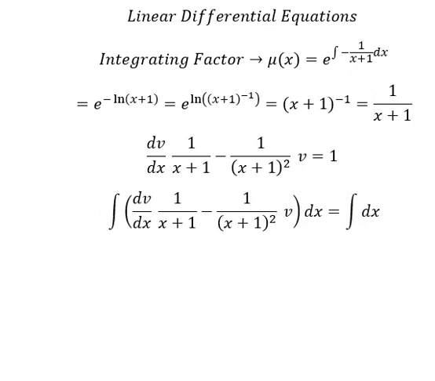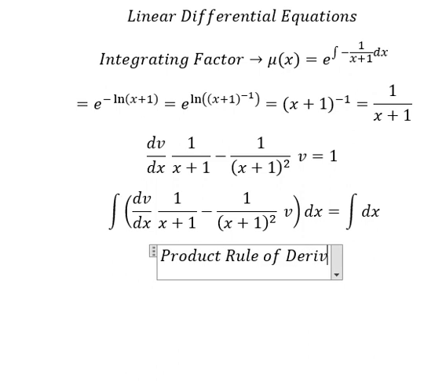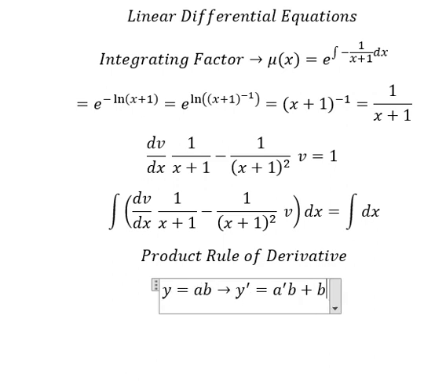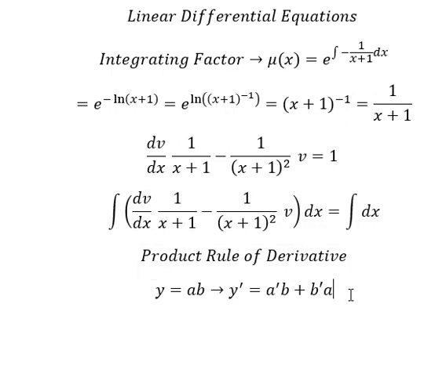So we can use the product rule of the derivative. We have y equals ab. So we have the first derivative of a multiplied by b plus the first derivative of b multiplied by a.